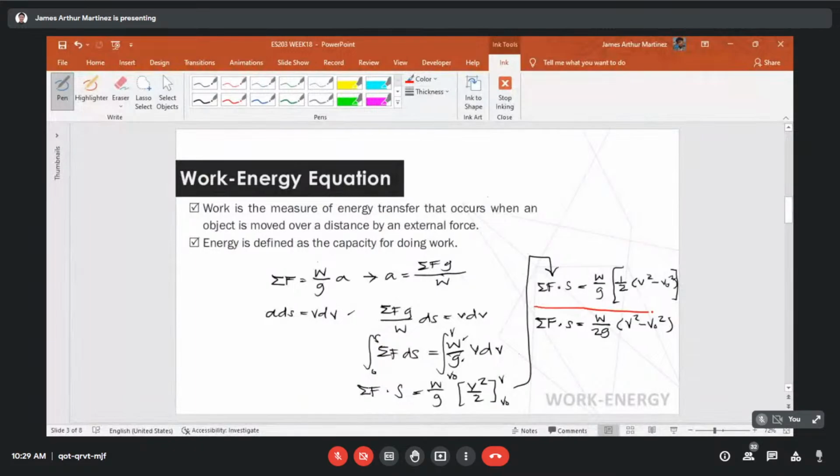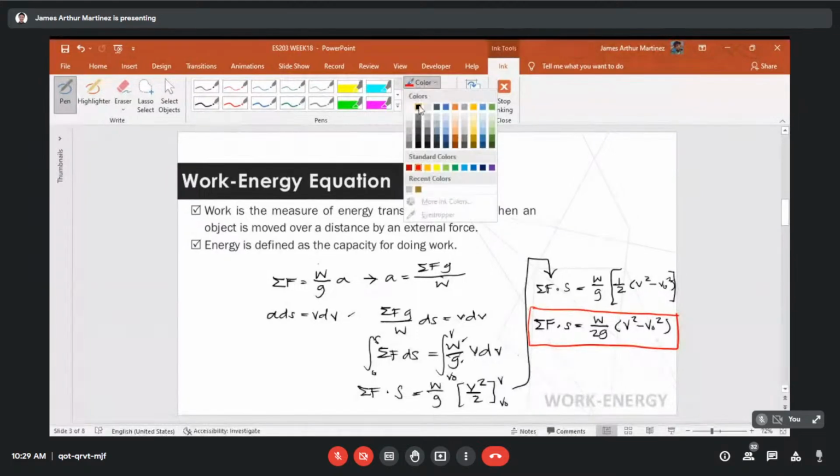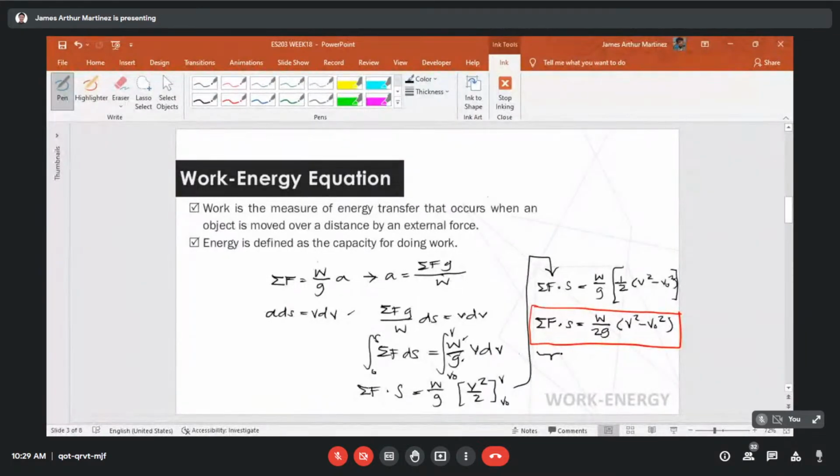So, let us look at the relationship. This term, the left side of the equation, is the work. If we create a mathematical expression of the definition of work, work is just equal to the force multiplied by the displacement, Fs. And this 1/2 of W over g multiplied by the velocity squared refers to the kinetic energy.